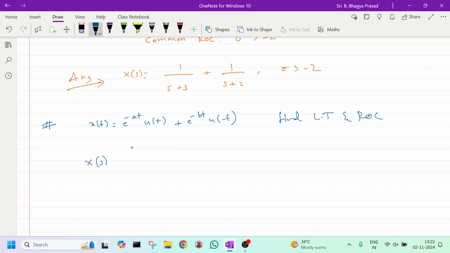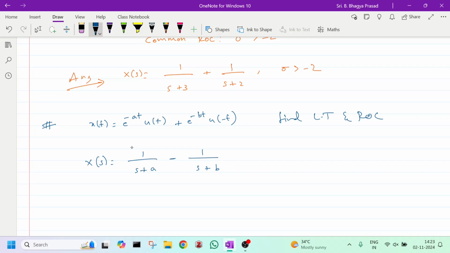So X of S, directly you can make this 1 by S plus A and minus of 1 by S plus B.